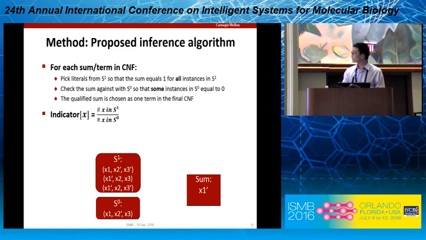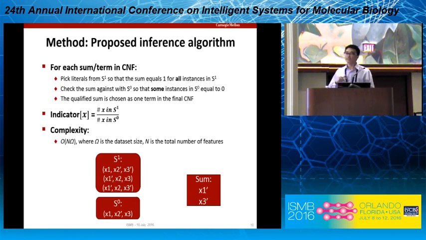And we also need to pick x3 prime to satisfy the first instance to 1. We check against S0 with this sum, and we can see that it will be 0 in this one. Since this is a very simple example, this sum will be the final solution.